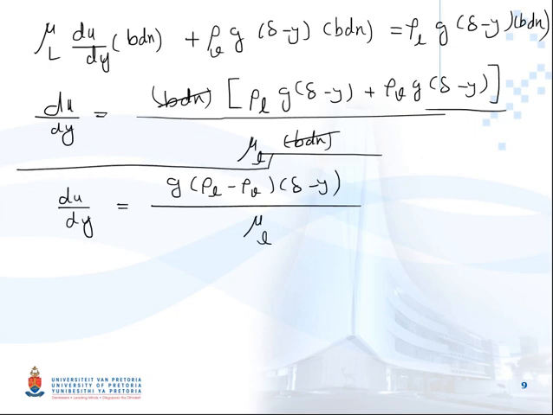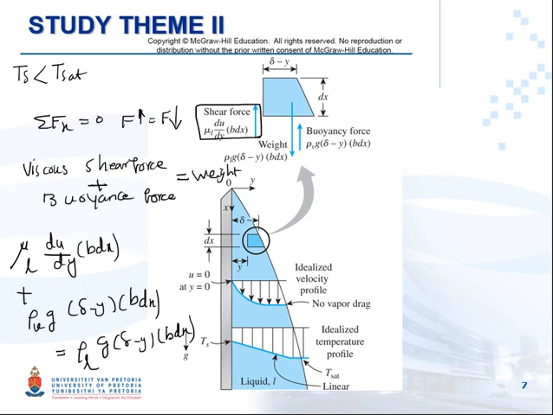So now we have this one. What we need is a boundary condition. What is our boundary condition? Let's go back to this figure. Can I say that when y is equal to 0, u is 0, the no slip condition?